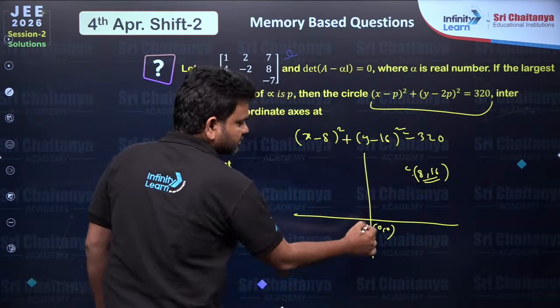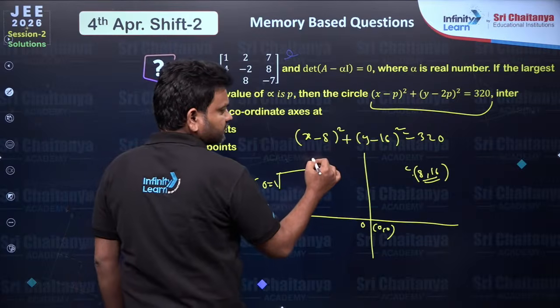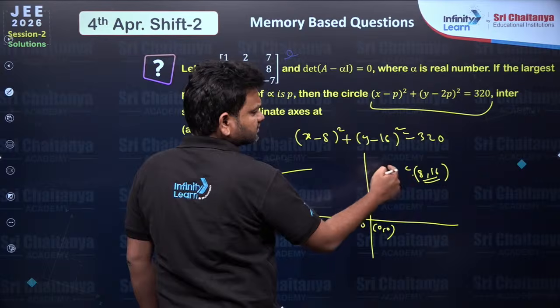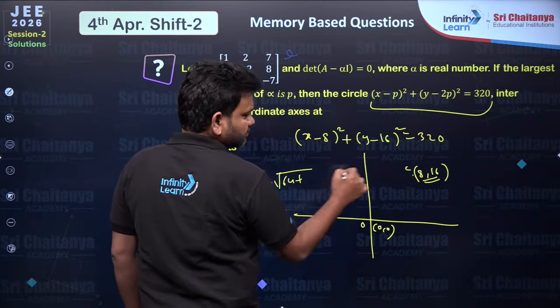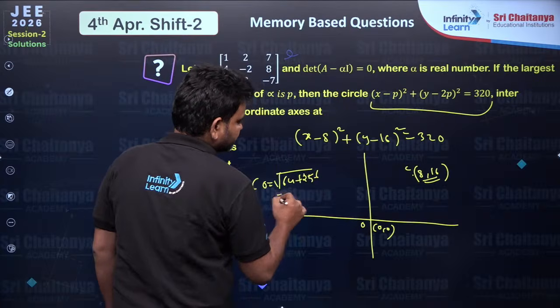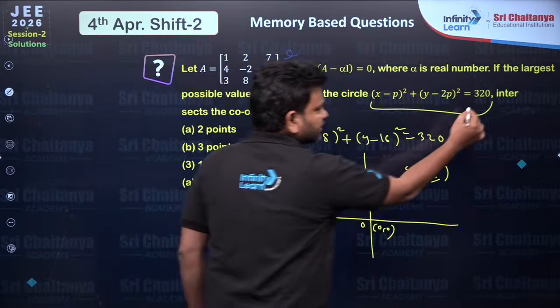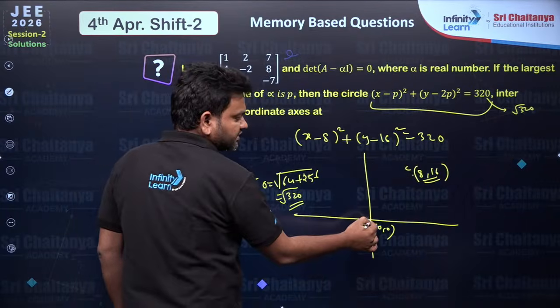So the distance from C to O will be under root of 64 plus 256. The value is actually equals to 320, right, under root 320, and here you have the radius as under root 320, both of them are equal. So it will intersect the origin.